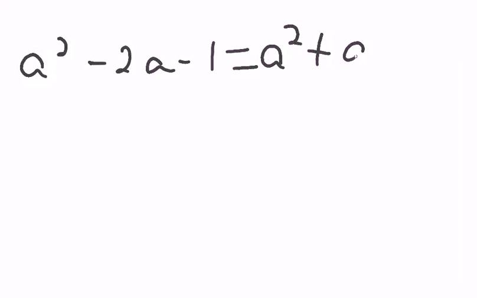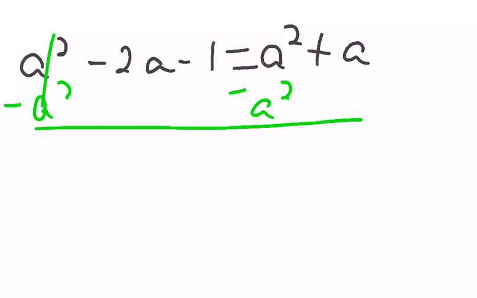Okay, so let me just rewrite that here. Okay, so now it's time to actually solve. So subtract a squared from both sides, and we get negative 2a minus 1 equals a.